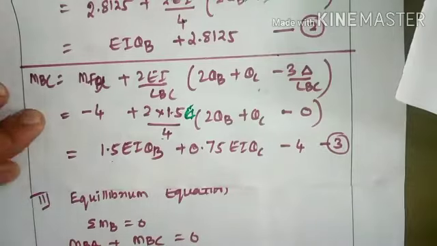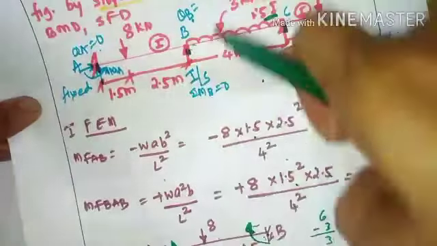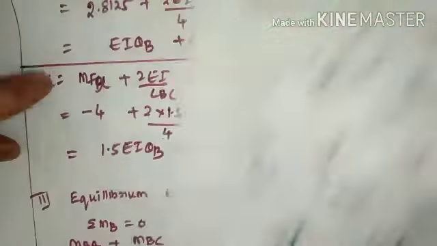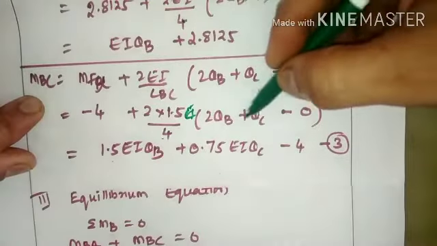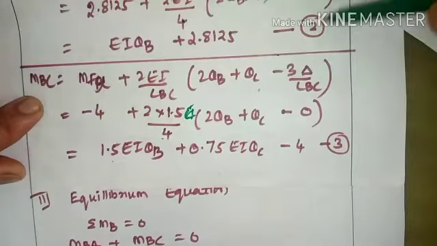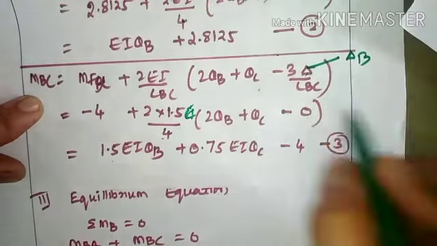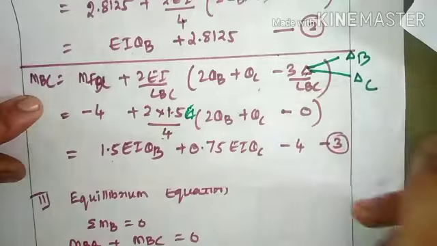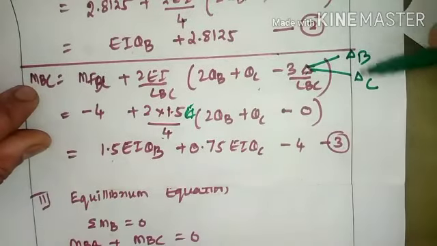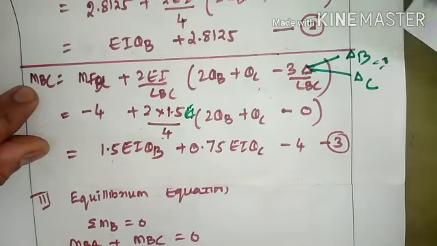Here none of the slopes will be 0 because neither support B is fixed, nor support C is fixed. So both theta B and theta C shall be kept as it is. The last part is the deflection related to B and deflection related to C. Here neither of the supports is sinking, so delta B and delta C both shall be considered as 0.